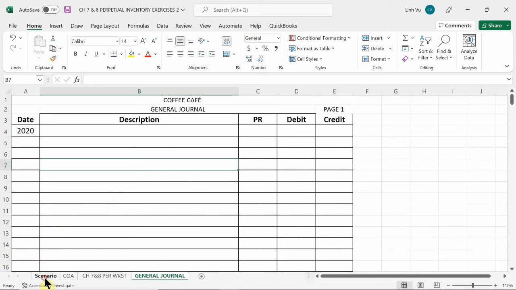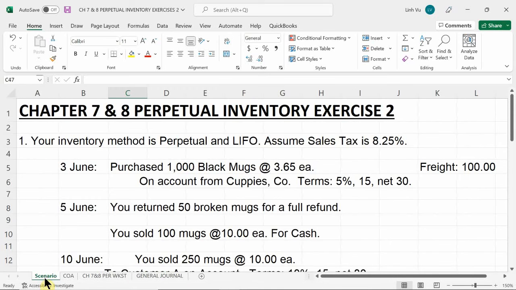So, starting with the first one, June 3rd, we purchased 1,000 black mugs at $3.65 each, with the freight costing $100 on an account from Cuppies Co. Terms are 5% 15, net 30. Okay, so we purchased 1,000 black mugs at $3.65 each.